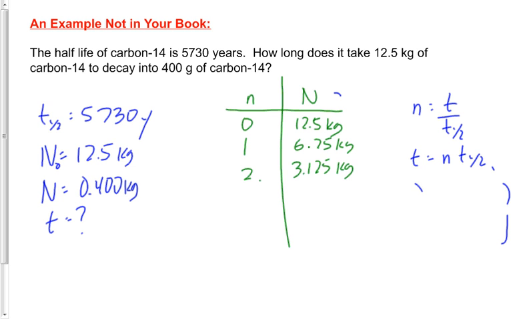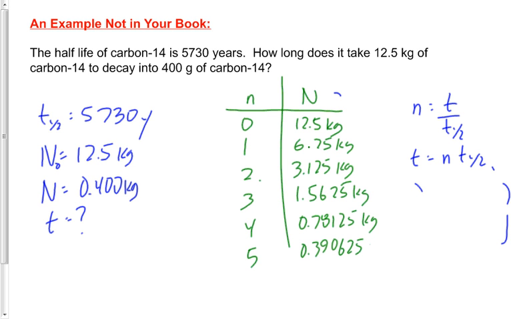After 3 half-lives, I'm going to pull out the calculator for this one, I've got 1.5625 kilograms. After 4 half-lives, I get 0.78125. And after 5 half-lives, I've got 0.390625 kilograms.